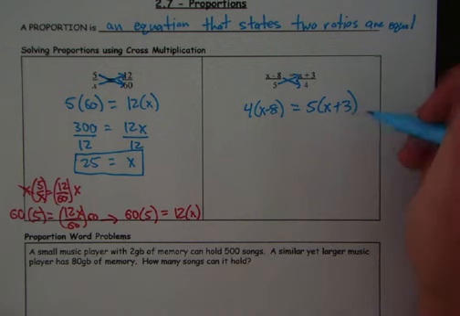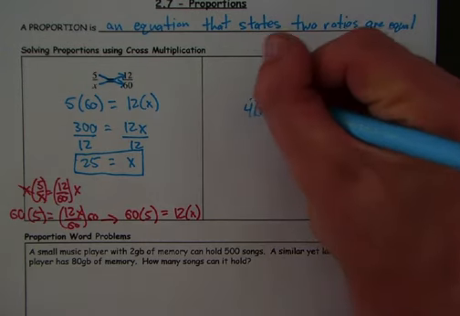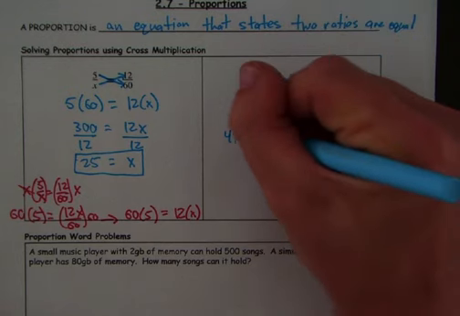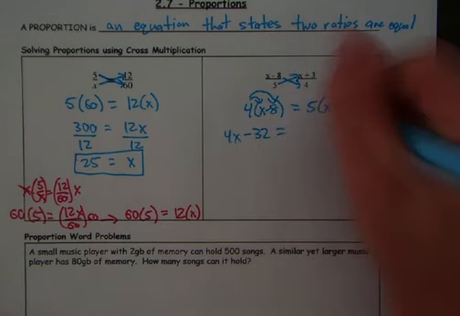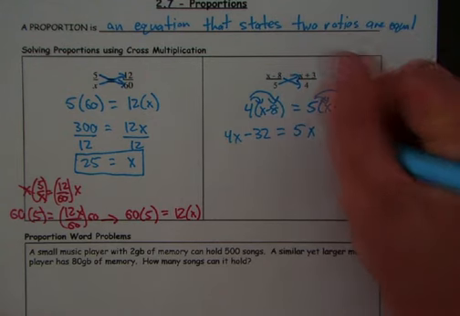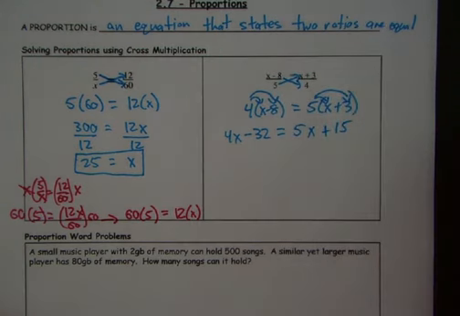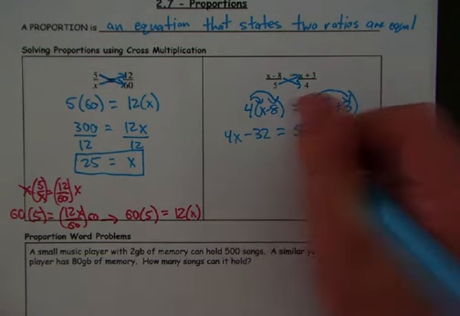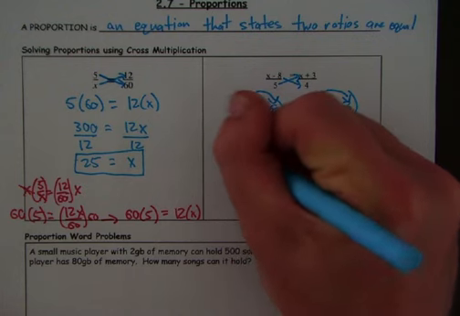All right, now we just got to solve. Well, we're going to distribute, right? 4 times x is 4x. 4 times negative 8 is minus 32 equals 5 times x, 5x, 5 times positive 3 plus 15. Good. Now we can just go ahead and solve. I see that I have 4x here and 5x here, so I'm going to clear the x on this side, subtract 4x from both sides.